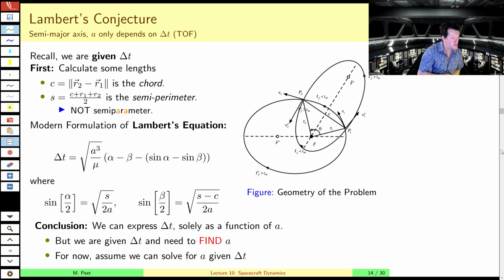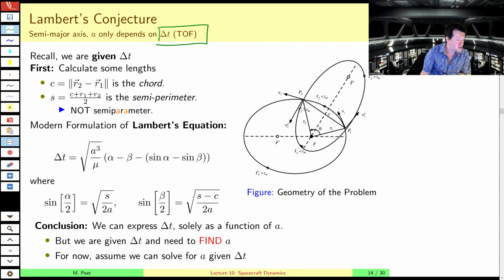So what's the missing piece of information that we can use? Well, the missing piece of information is delta t. Delta t, in terms of time, doesn't really give us geometry. It's a temporal thing. The only way we can use delta t to determine the geometry of the transfer is through Lambert's conjecture.